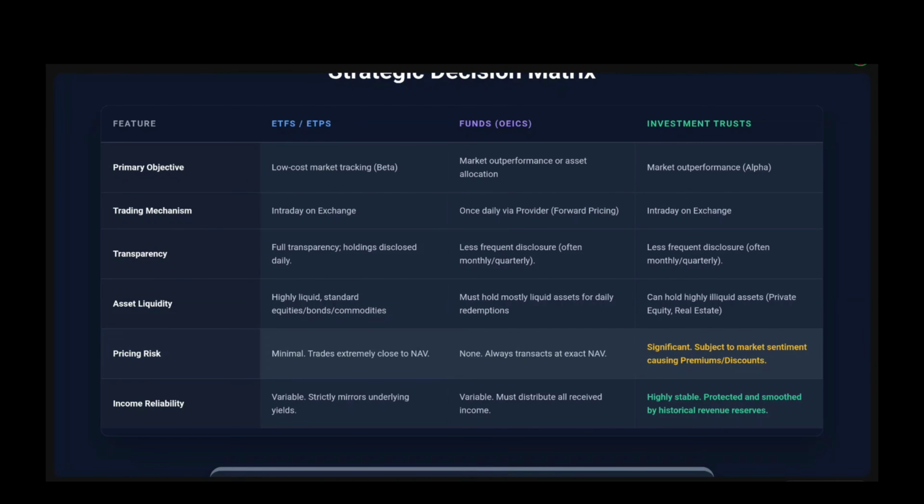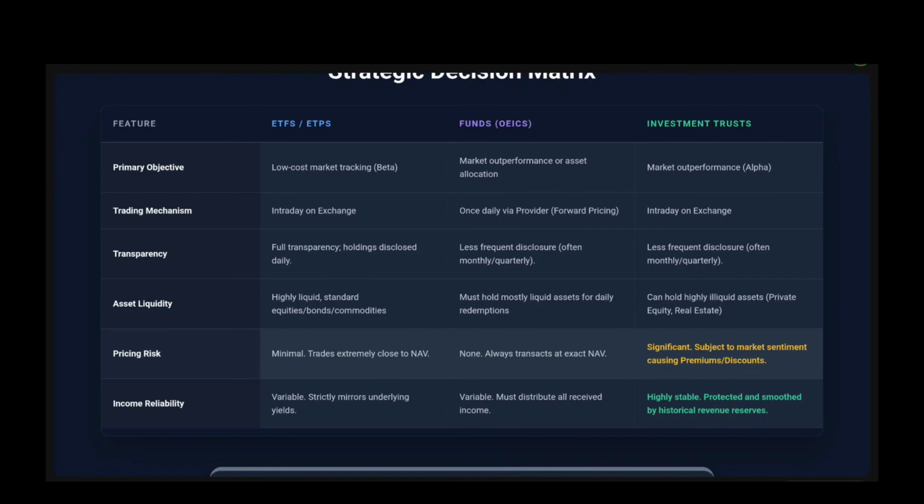Funds must hold mostly liquid assets for daily redemptions, and trusts can hold illiquid assets like private equity and real estate. When we talk about pricing risk now, ETPs, minimal, trades extremely close to NAV. Funds, none, always transacts at exact NAV. And trusts, significant, subject to market sentiment, causing premiums and discounts.